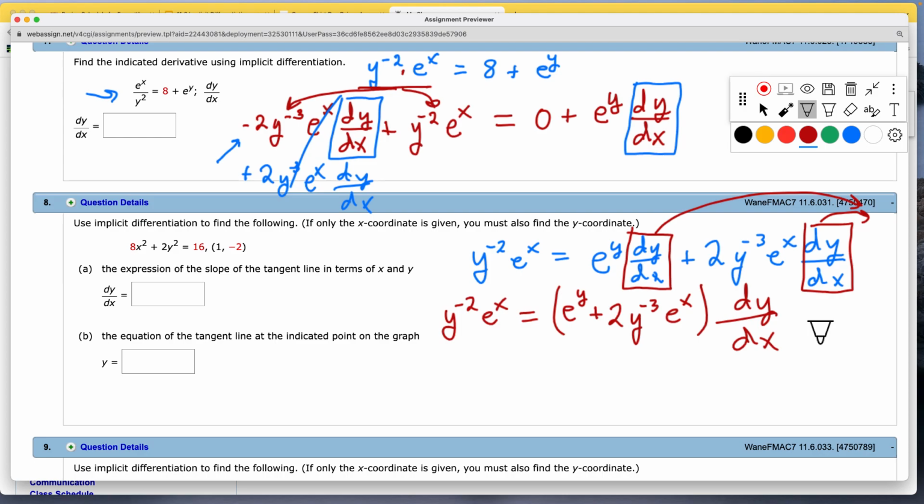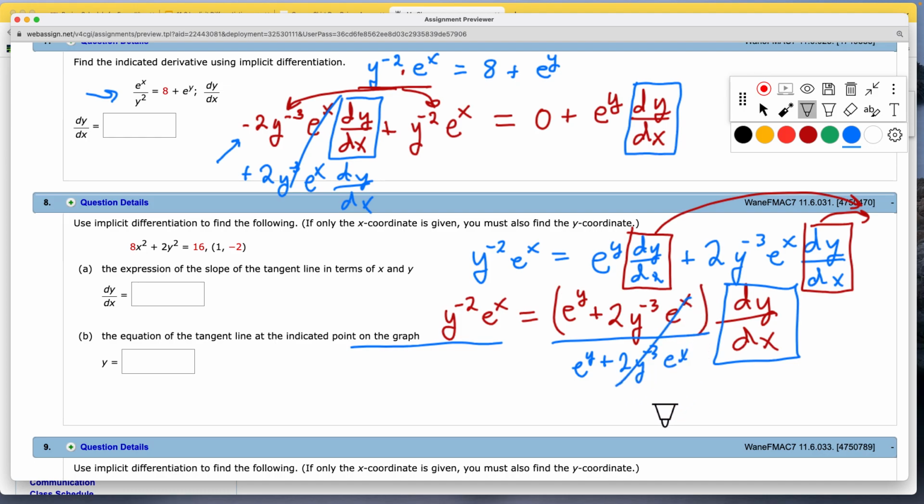This is good news. Now I just need to divide by this whole thing on both sides, right? e to the y plus 2y to the minus 3 e to the x becomes 1, and I write it over here, e to the y plus 2y to the negative 3 e to the x, and there's my answer.